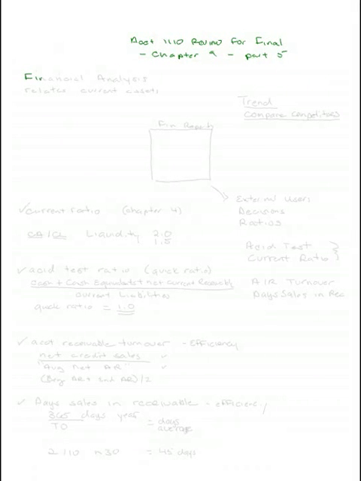In this last and final Pingcast Wahoo for Chapter 9, we're going to look at financial analysis as it relates to what we've been talking about in this chapter, our current assets, particularly accounts receivable.